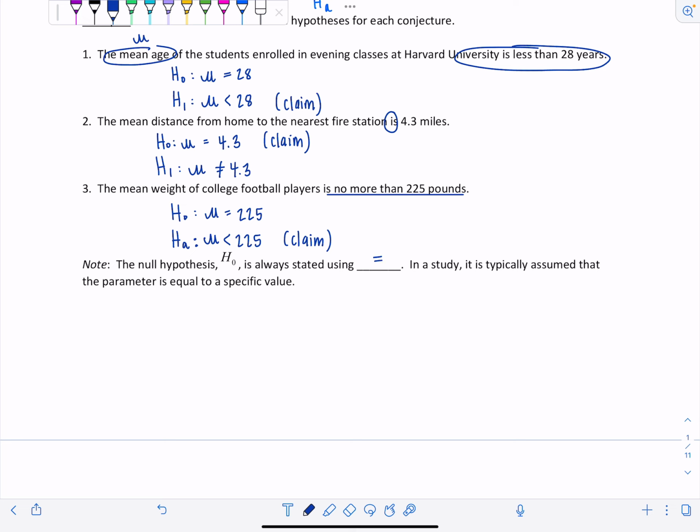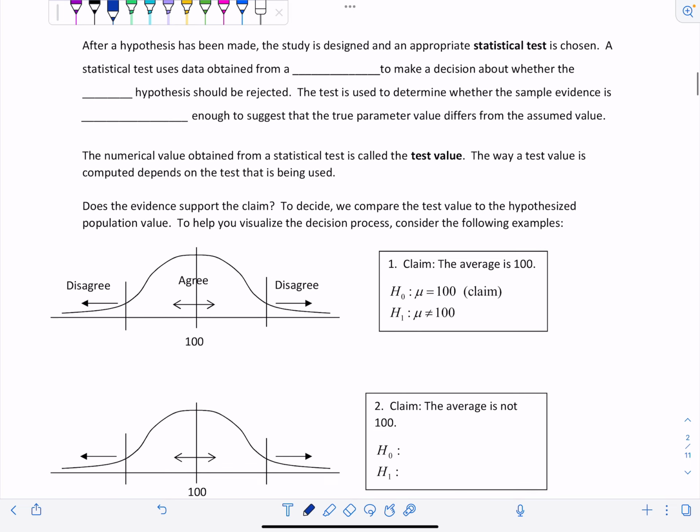And in a study, it's typically assumed that the parameter is equal to a specific value, like we saw here. Okay? So after this first step is done, after this hypothesis has been made, then a study is designed and an appropriate statistical test is chosen. We will learn various statistical tests and when to apply each one. That's basically what we're going to do the rest of the semester.